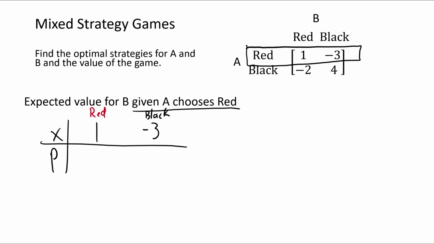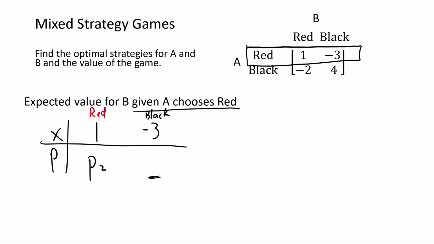All right, now we already solved for p1. That was the probability with which A should choose the red card. So the probability with which B should choose the red card, let's let that be p2. And again, we could have put that as the probability with which B chooses the black card. It doesn't matter.